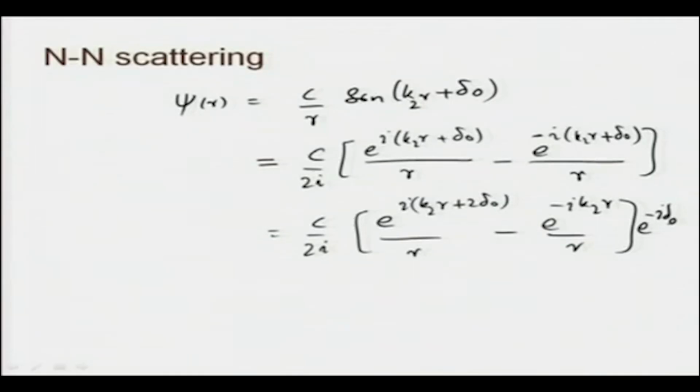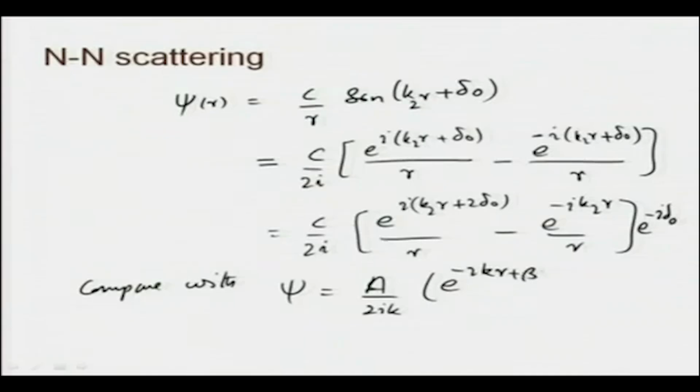Now this is in the form like this. Compare this with psi equal to, earlier we had written it as A over 2 i k, okay, e power i k r plus beta over r minus e power minus i k r over r.